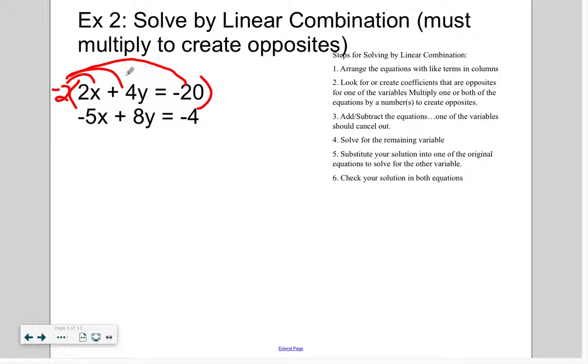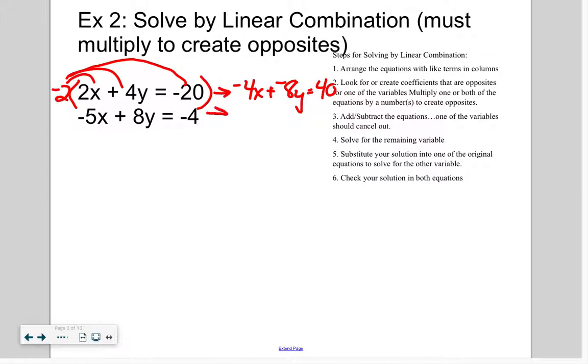I even need to multiply or distribute that negative 2 to this negative 20. So this equation now becomes negative 4x plus negative 8y equals positive 40. Remember, when I multiply by a negative, all the signs will become opposites. So positive went to a negative, positive went to a negative, negative went to a positive.